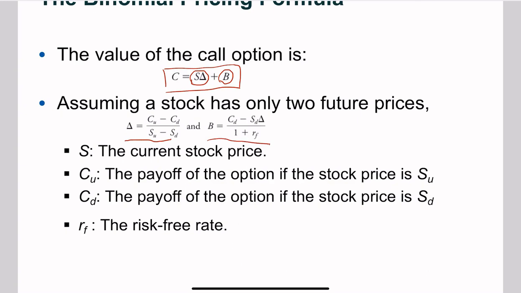So basically in homework or exam, you just need to understand how to plug in numbers into this formula. Then you will be able to find out the value of the call here.